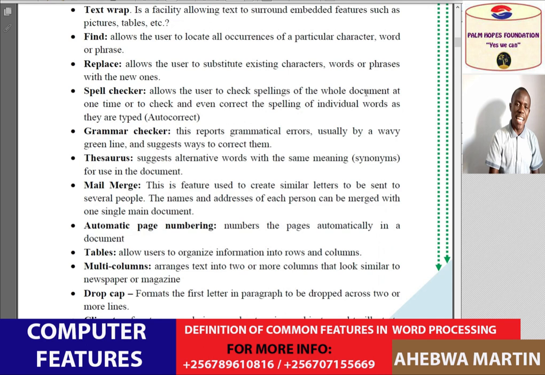But once you find that it is underlined using green, it means that it is a grammar error. So this one reports grammatical errors, usually by a wavy green line, and suggests ways to correct them.